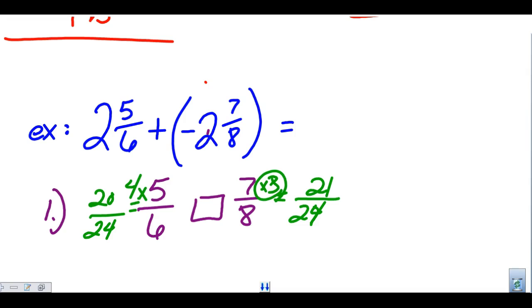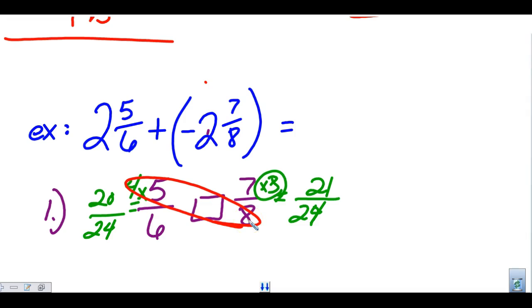Another way we can figure out which fraction or mixed number is larger is by using cross products. We're going to pretend that these are equal. If in fact they're equal, the cross products should be equal. If the cross products are not equal, then whichever one is larger, that's your largest fraction.